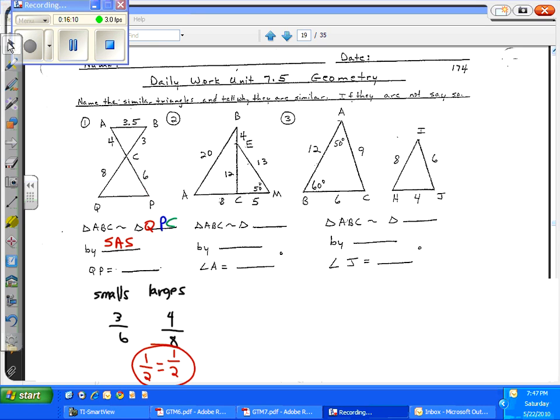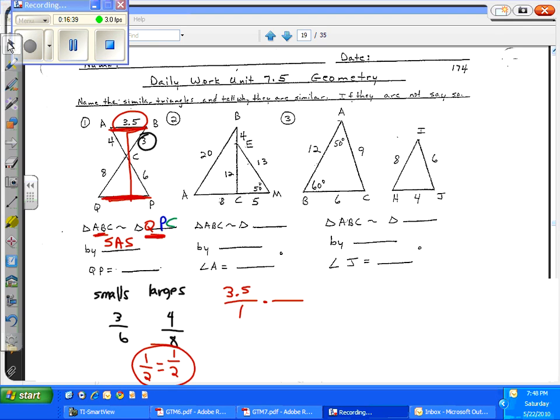QP. We want to find QP. Its partner is 3.5. Now, how do I know that for sure? Well, QP is the first two letters, and AB is the first two letters, and then QP would go to AB. Now, let's use dimensional analysis. I'm going to start with its partner, AB, and I'm going to multiply by the scale. What's the scale?